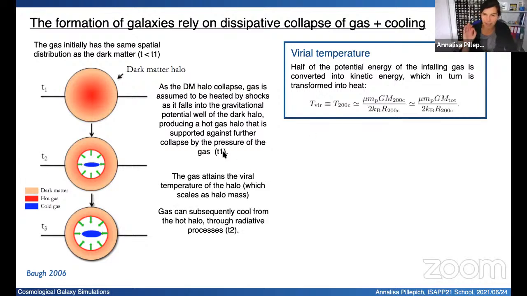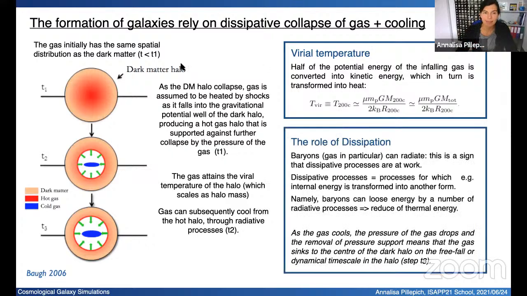But the point is that gas can also cool from the hot halo through radiative processes. This is the role of cooling, and this is what we mean by dissipation. Gas can radiate, and this is what we call dissipative processes. These are all processes for which internal energy is transformed into another form.